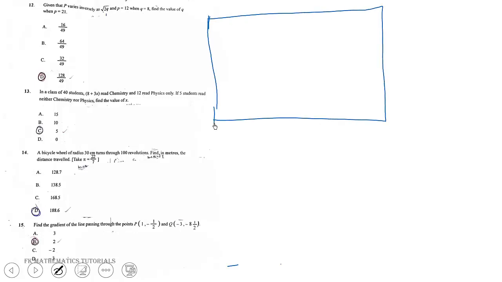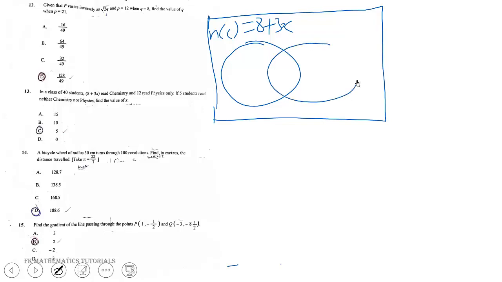Question number 13. In a class of 40 students, 8 plus 3x read chemistry. So we have the universal set, and the number who read chemistry is equal to 8 plus 3x. Then we also have 12 read physics only.